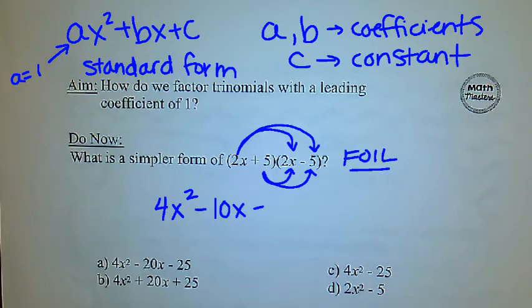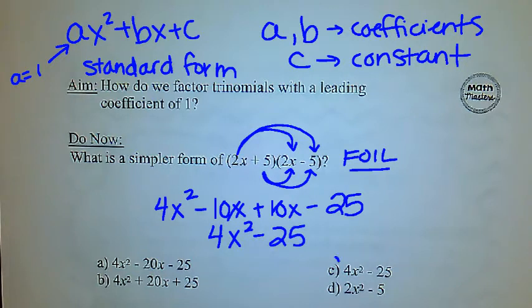The inner would be positive 10x. And the last would be negative 25. If you notice, these cancel, so I'm just left with 4x squared minus 25. So this will be what we start with to get back to there.